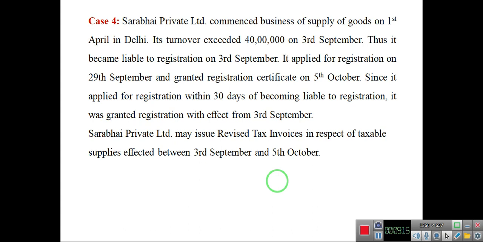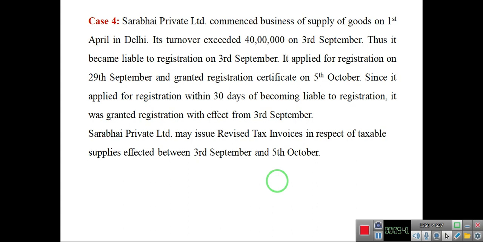For example, Sarabhai Private Limited commenced business of supply of goods on 1st April in Delhi. Its turnover exceeded 40 lakhs on 3rd September. So it became liable to registration on 3rd September. It applied for registration on 29 September and was granted registration certificate on 5th October.